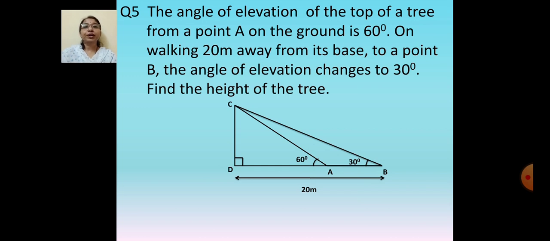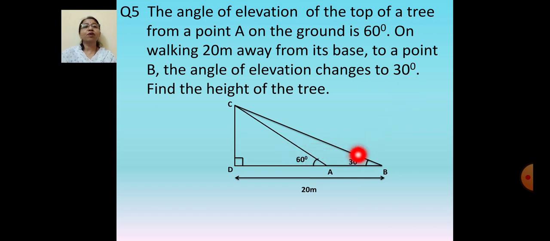On walking 20 meters away from its base, whose base? From the base of the tree. On walking 20 meters away from the base of the tree, at the new point B, the angle of elevation changes to 30 degrees.